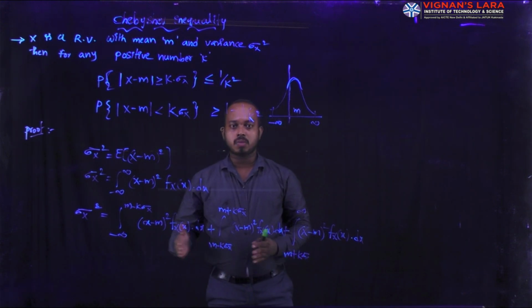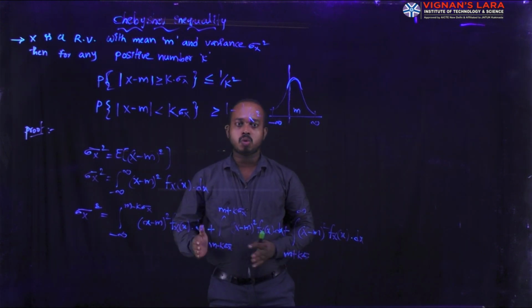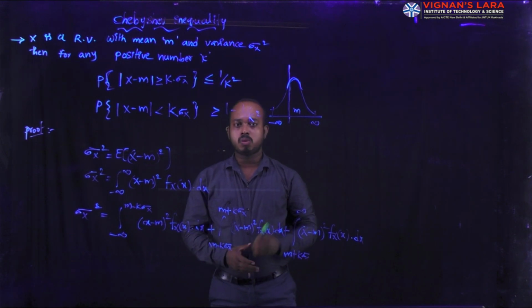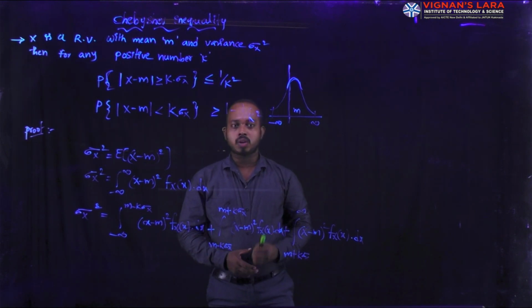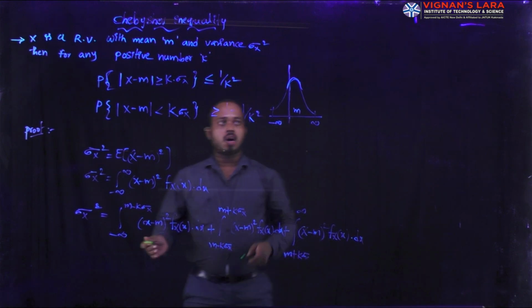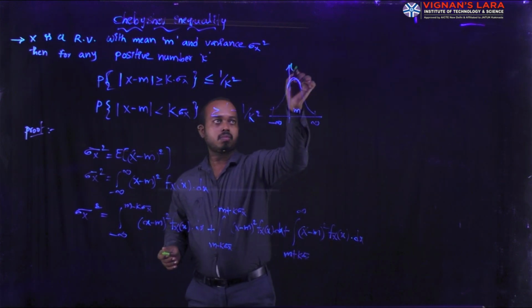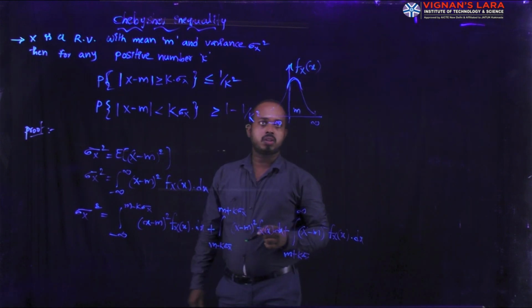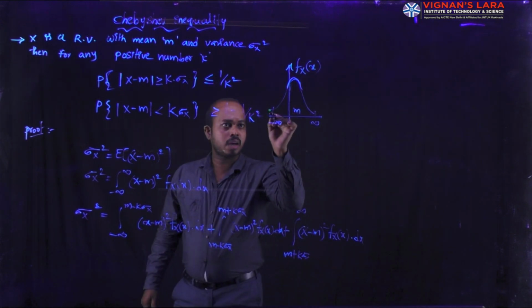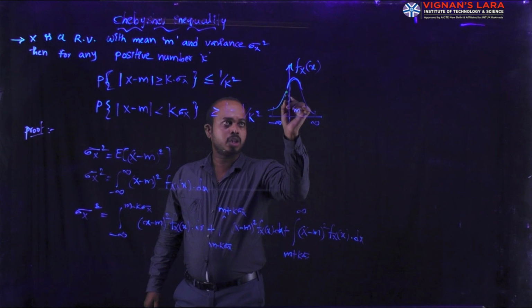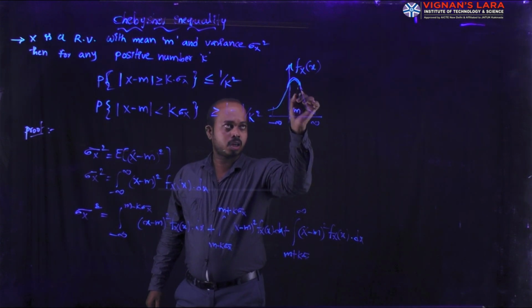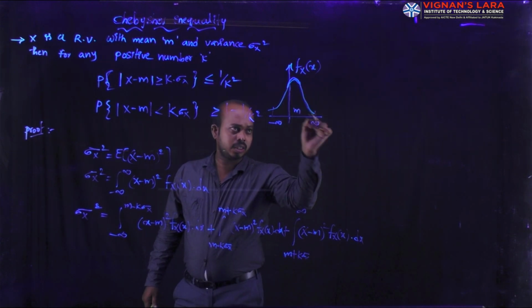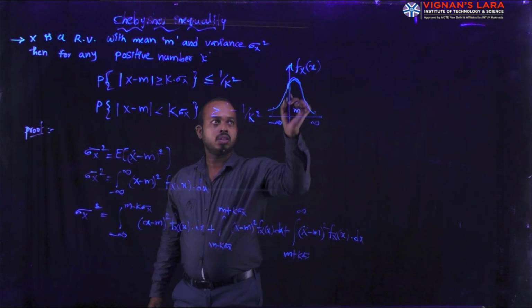We have a number of theorems. Among those, the Chebyshev inequality is the most powerful tool. It can be used to calculate the deviation of the upper bound. Here, in this diagram, I am representing one density function. In this density, I am drawing the graph as a bell-shaped curve, with two limits, lower and upper.